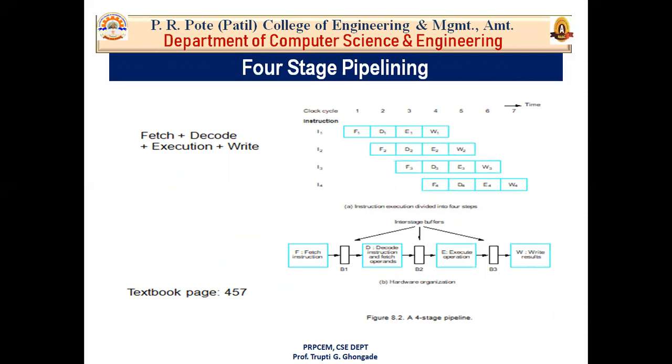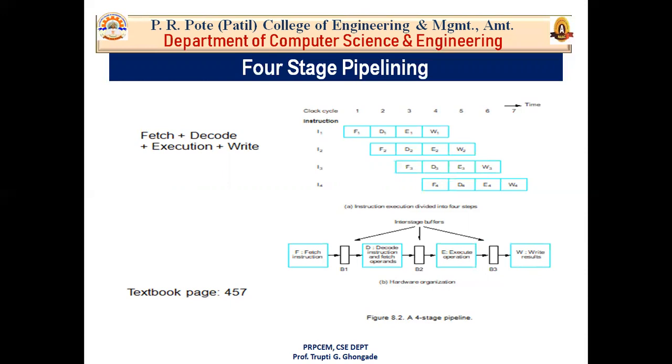Four clock cycles are required for instruction number 1, the total 4 cycles: fetch, decode, execute, and write. But after that, we require only one extra step, that is write, because all these steps for the further instructions happen side by side. We are not doing it separately. That is the 4-stage pipeline.